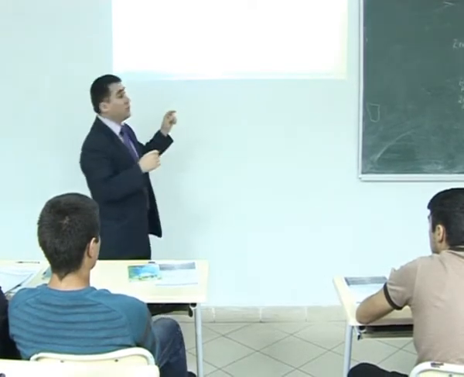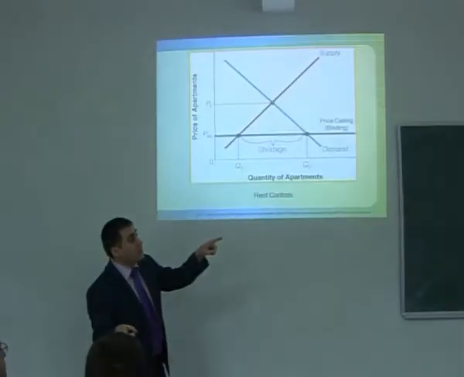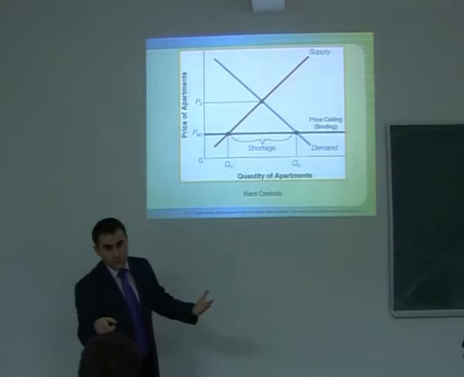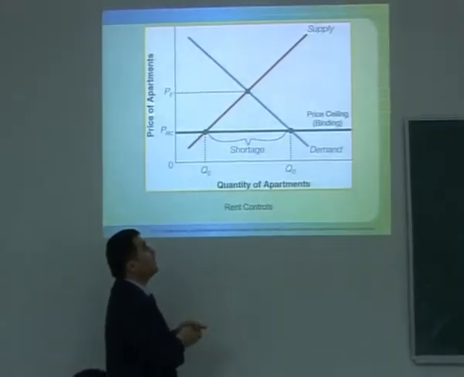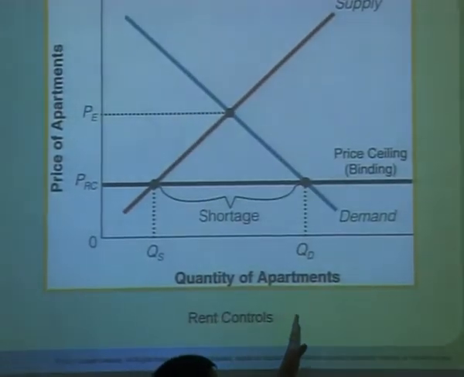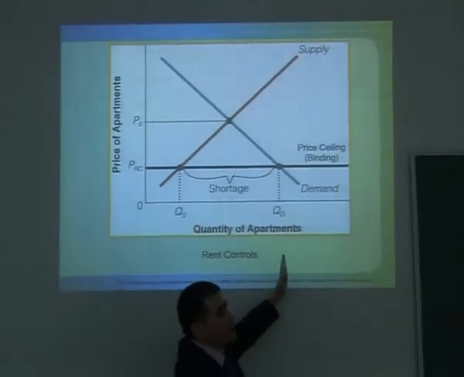So what's going to happen, of course? The quantity of rental houses demanded will go up, as we are moving along a given demand curve.